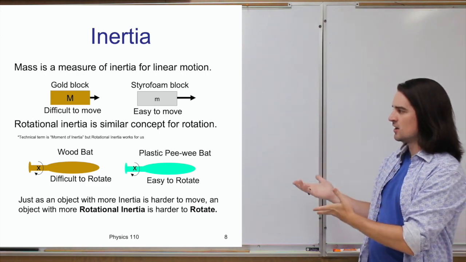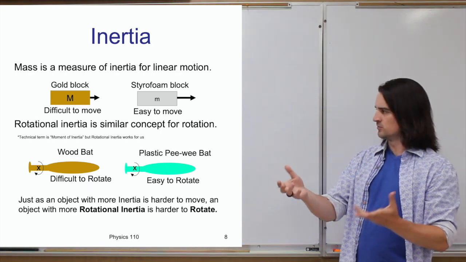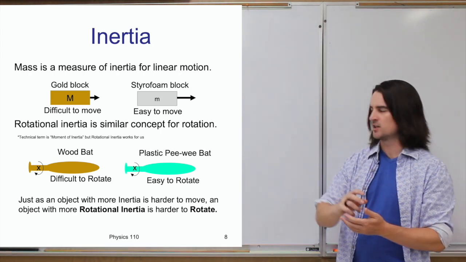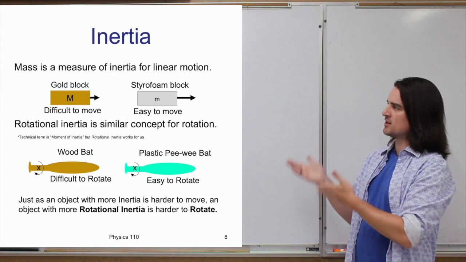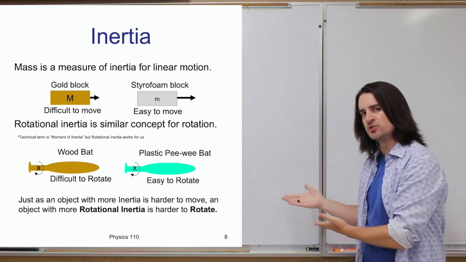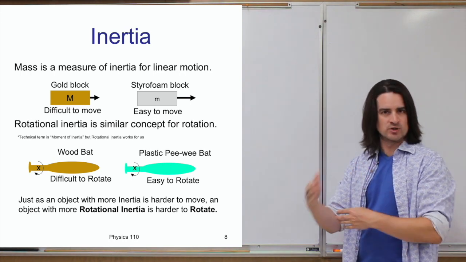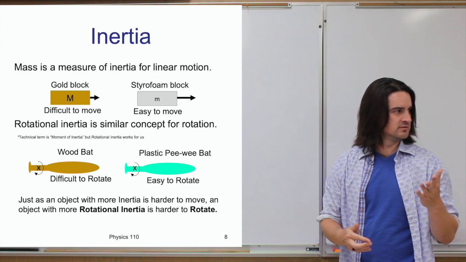Right? So we say these objects have rotational inertia, meaning they will resist if you try to start them rotating. And as it turns out, just like inertia is proportional to mass, rotational inertia is also proportional to mass, but there's more complications on it, and we'll get to that in a second.